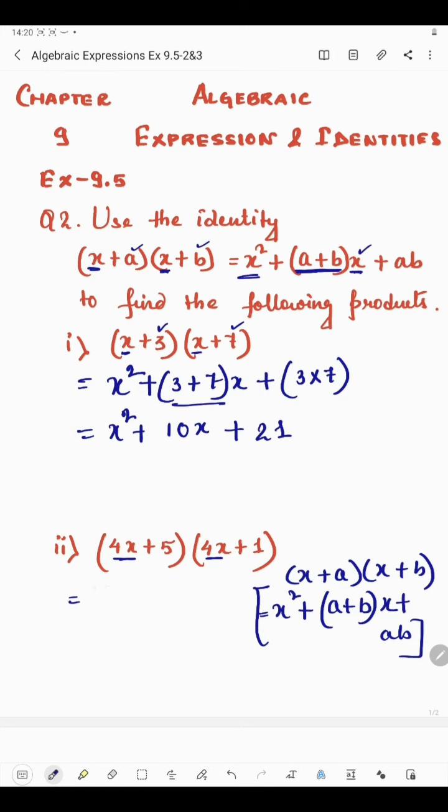So at first we will write the square of the first term. See here, (4x) whole square, plus the sum of the two different terms. The two different terms are 5 and 1, so 5 plus 1 multiplied by x, where x means the first term, which is 4x here, plus 5 multiplied by 1.